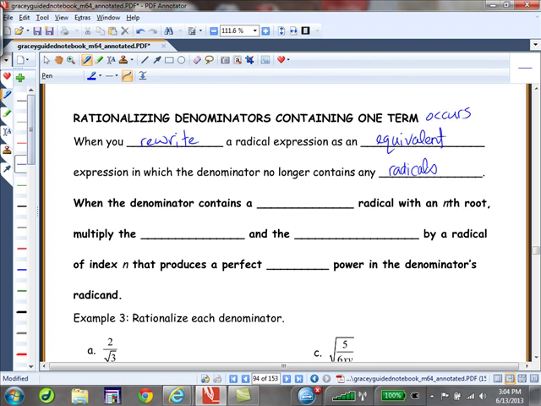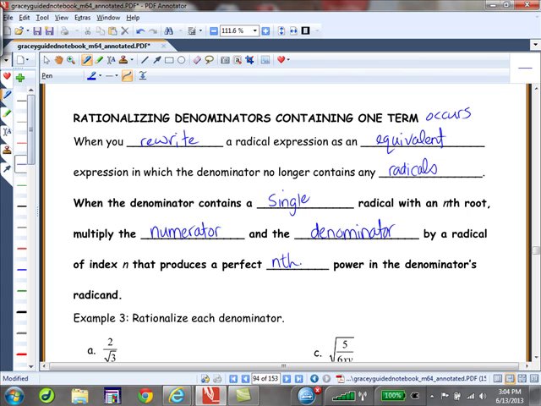When the denominator contains a single radical with an nth root, multiply the numerator and the denominator by a radical of index n that produces a perfect nth power in the denominator's radicand.